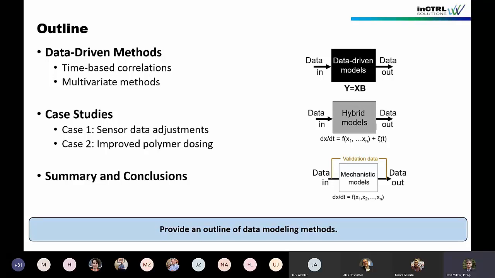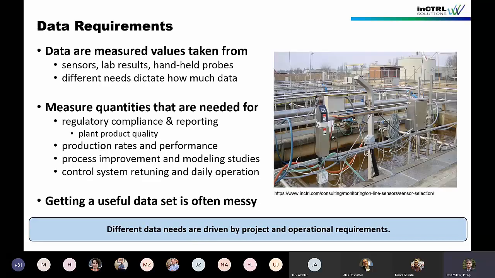Okay, and like I said, we're going to look at two case studies, and what I'm hoping is that you'll notice that there's maybe a common theme throughout the slides: we're looking at data-driven methods and how they can be used by themselves, but also to complement other modeling techniques that you may be familiar with.